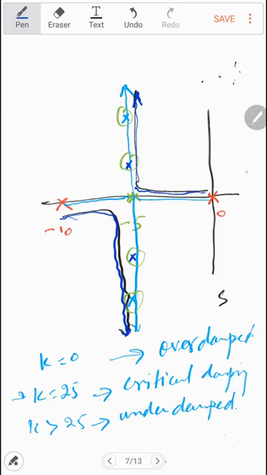You can also see that this is symmetrical, above and below, a mirror image. So we call it symmetry. Also, the number of branches in this case is equal to the number of poles. Since we have only 2 poles, the number of branches will be equal to 2: one upward and the other downward.